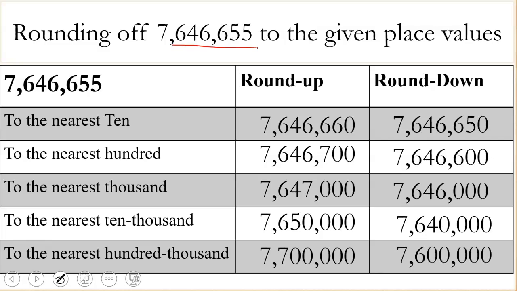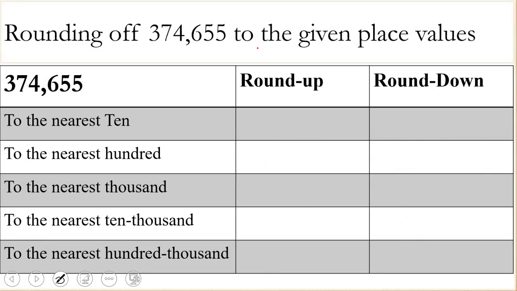All right. Before we end this video, try to get answers to the following. We have 374,655 to the given place values. If you have to run this number to the nearest 10, what will be the answer? Good.